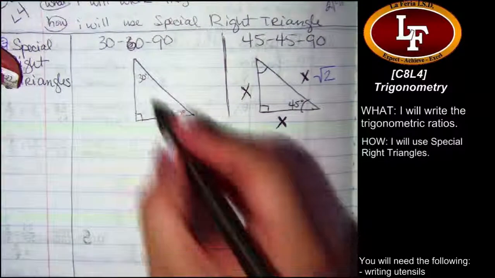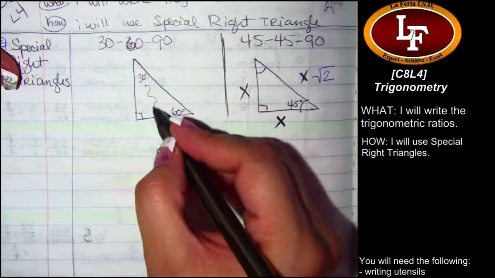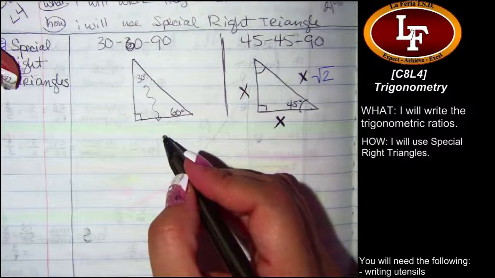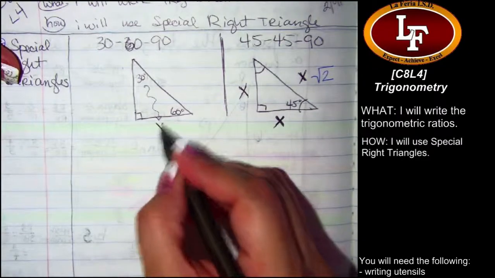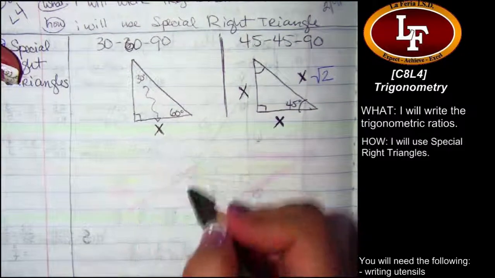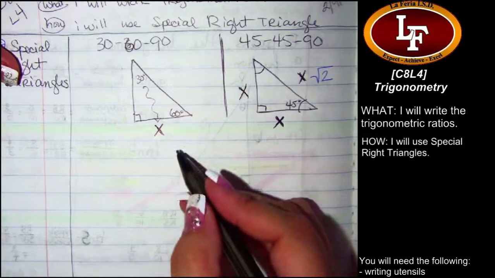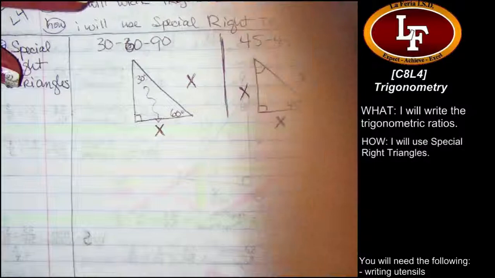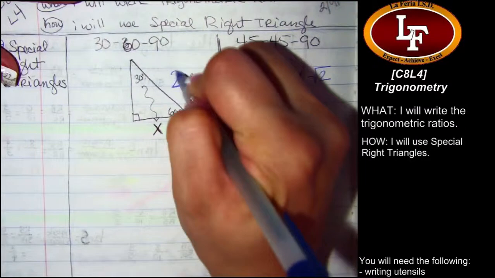Okay? Now, the 30, 60, 90 requires you to look at the side opposite the 30-degree angle. That is your reference side number. Whatever value that side has, the hypotenuse is that value times 2.